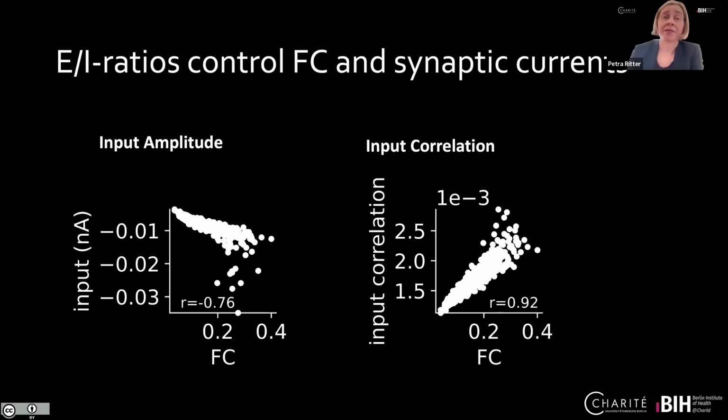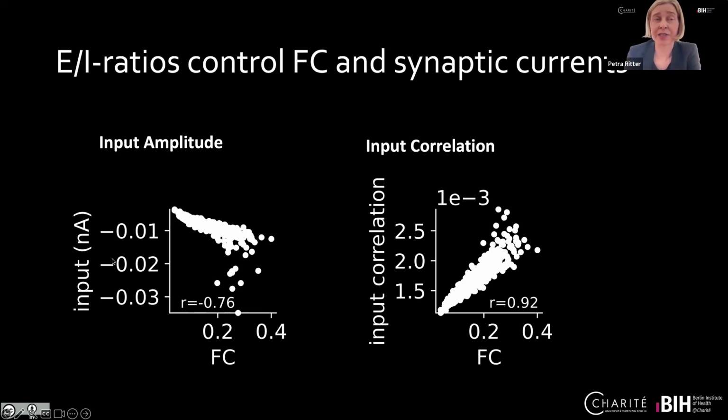So now, if we look into the model that has been tuned, as I have shown you in the previous slide, then we found that the functional connectivity in the empirical data and the simulated data was nearly the same, actually, was anti-correlated with the input, the current that drives the related nodes in the model.